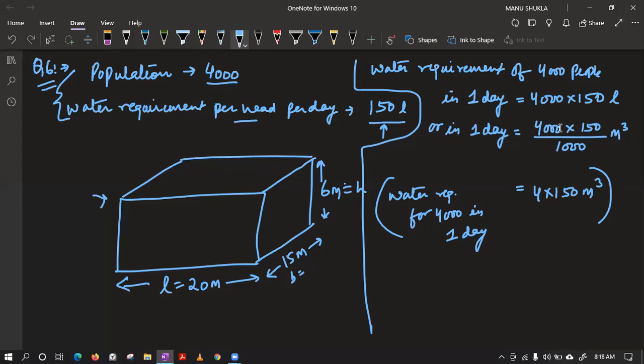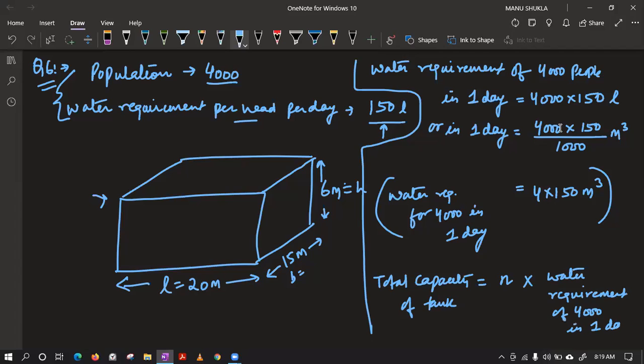Now the general equation. General equation is like this. Total capacity of tank is equal to N multiplied with water requirement of 4,000 in one day.